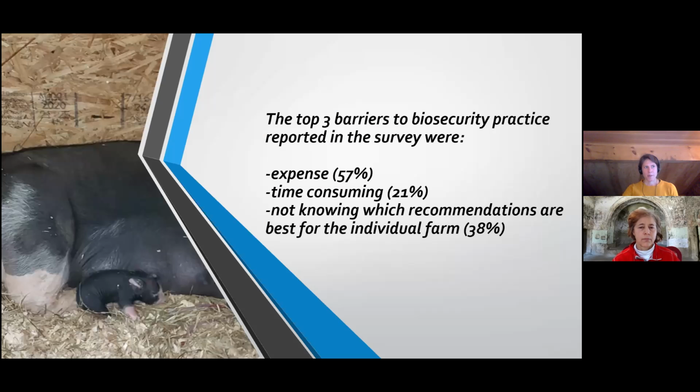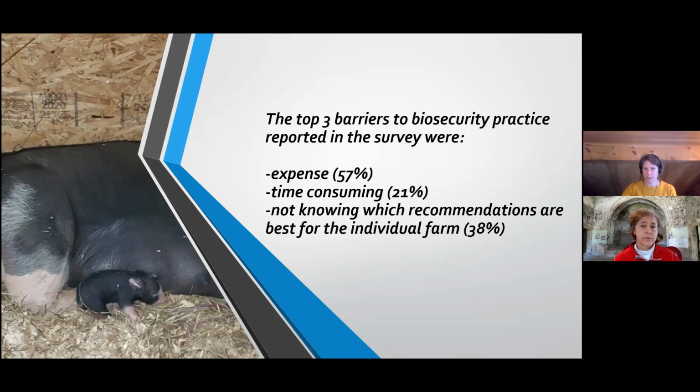So from the biosecurity survey, one of the responses that was shared with us is that our participants identified a couple common areas that they saw as barriers to regular biosecurity practice. So the top three reported were expense, time consuming, and not necessarily knowing which recommendations are best for the individual farm.